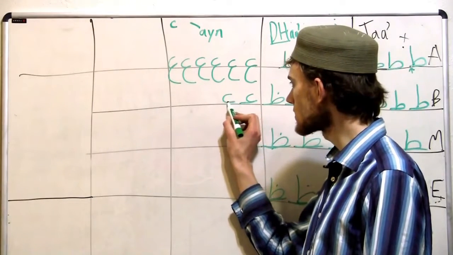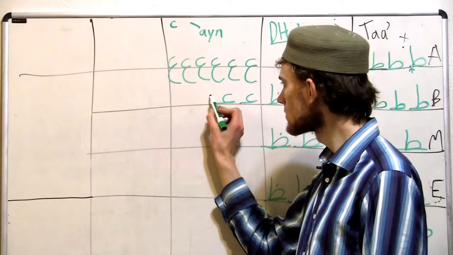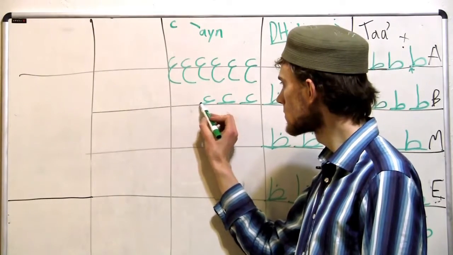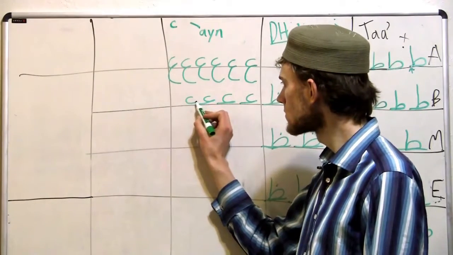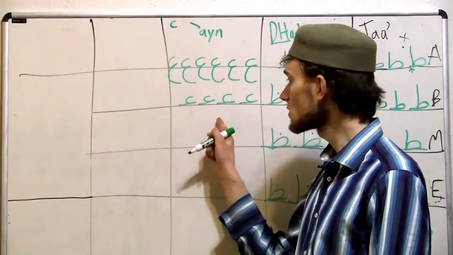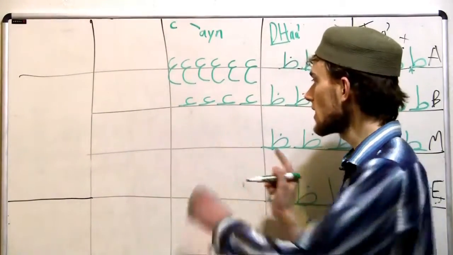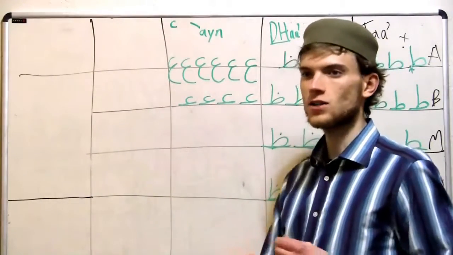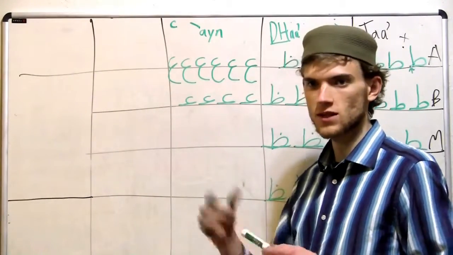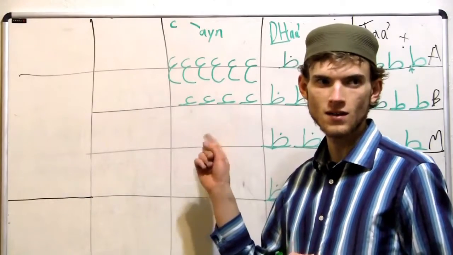Now we go on to the next letter. What does this look like, by the way? It looks like a Hamza, yeah. Actually, the form of the Hamza was taken from the Ayn.